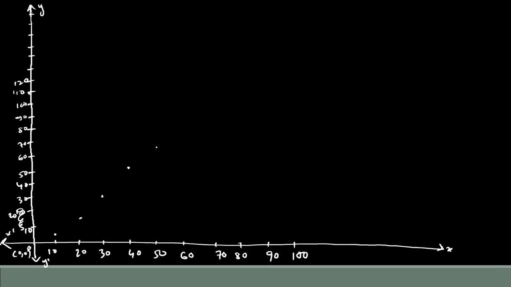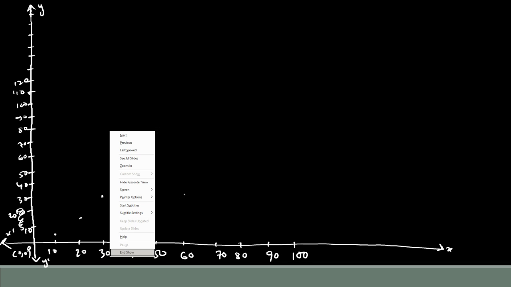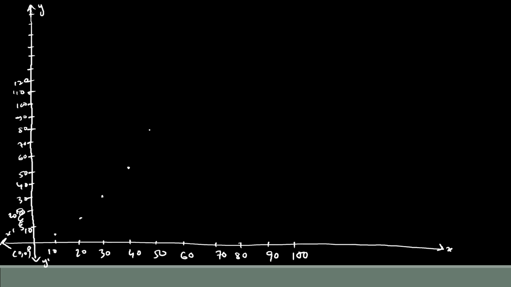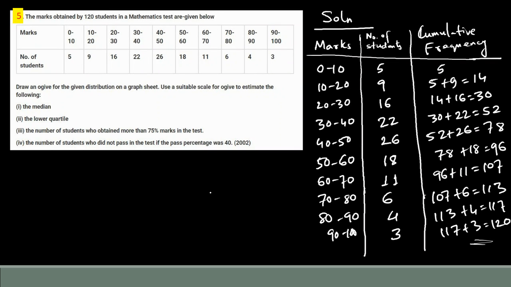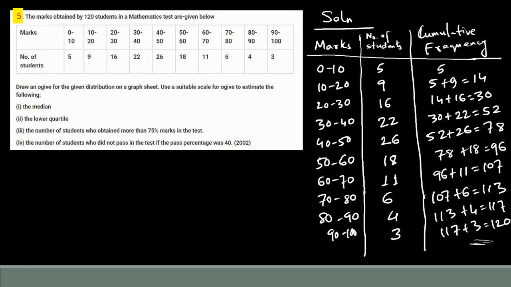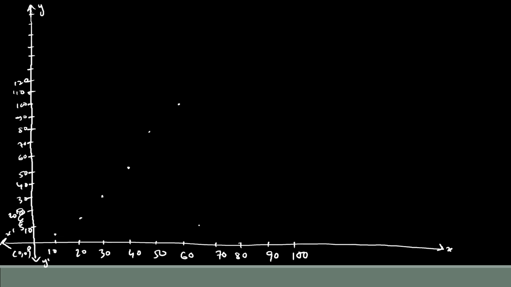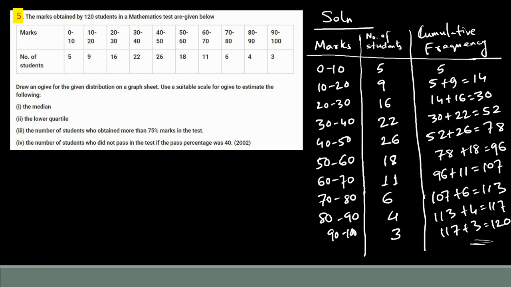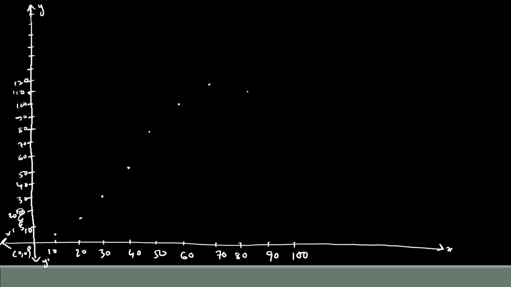Next is 78. Sorry, 78 is here, for 40 to 50. 50 to 60 is 96, somewhere here. 60 to 70 is 107, somewhere here. 70 to 80 is 113, somewhere here. 80 to 90 was 117, remember?